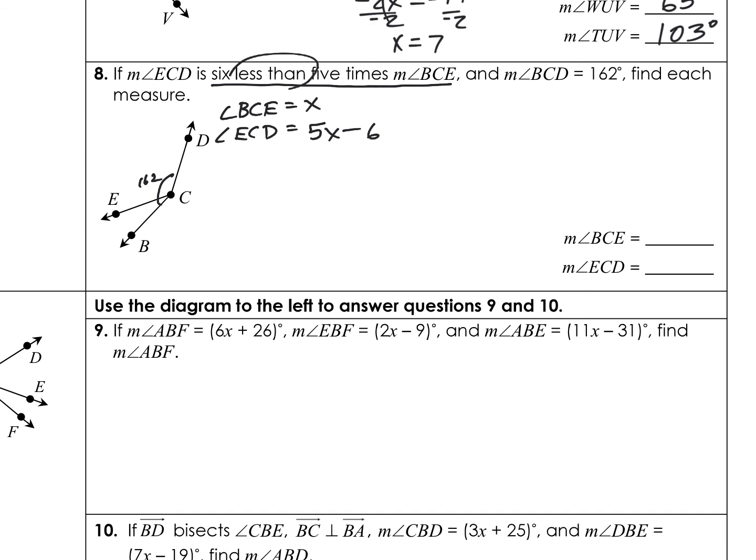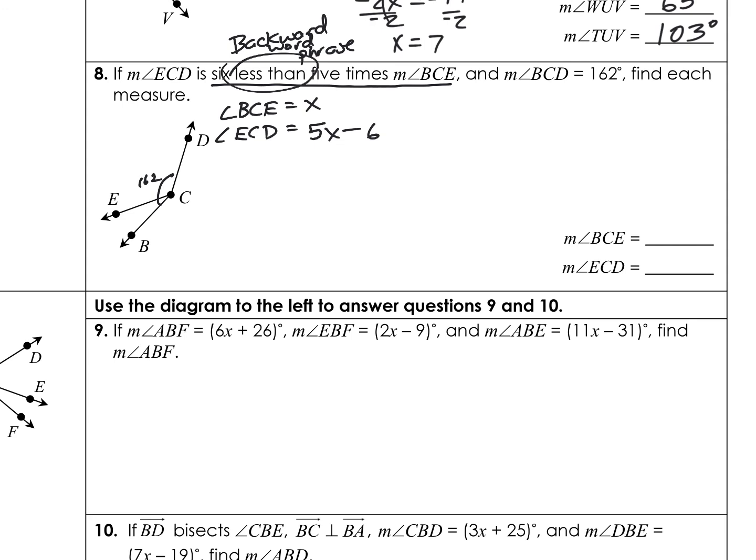Less than, remember, that is a backward word phrase. When you see that and you're asked to interpret it, to write an equation or an expression, it's always reverse order. So it says 6 less than 5 times, so that's 5 times x minus 6.